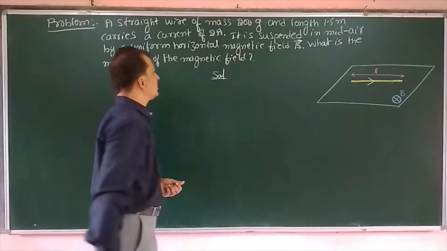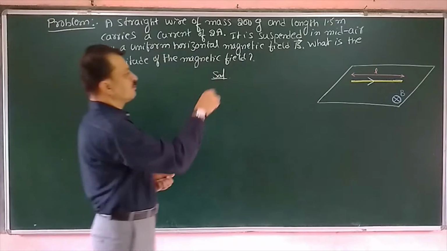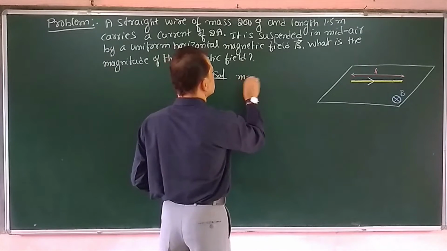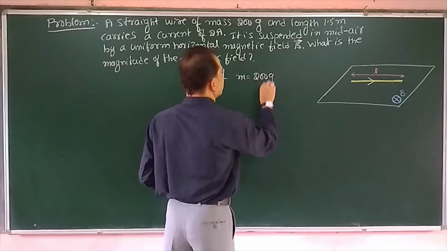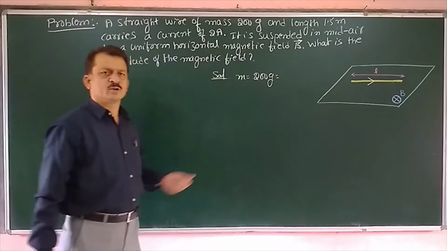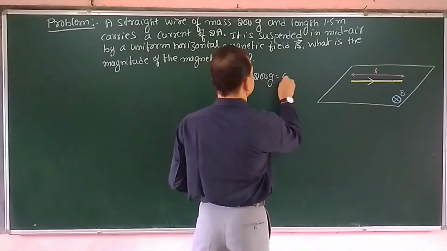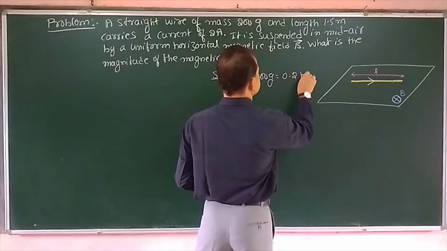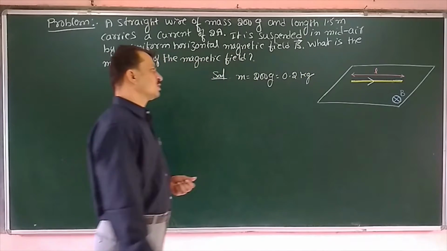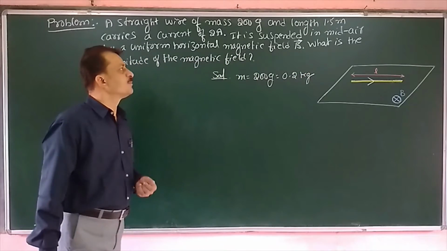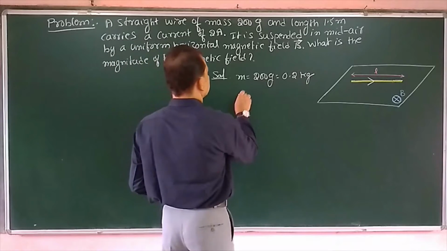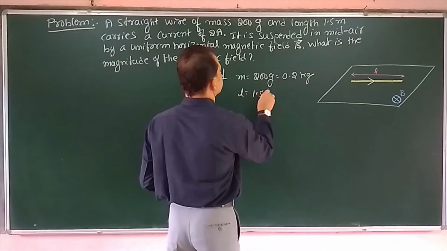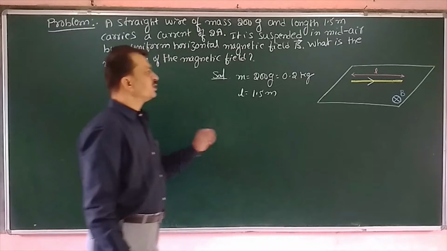What are the given things? We will list it out first. Mass of the wire is given. So mass is equal to 200 gram. Converting it into SI unit, that is kg, I will write it as 0.2 kg. 200 by 1000, that is 0.2 kg. Length of the rod is given. Length is equal to 1.5 meter. It is in SI unit.